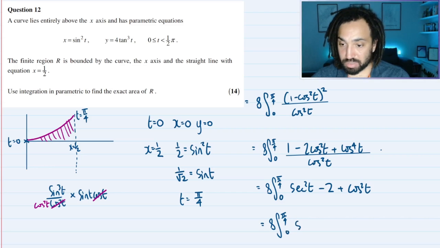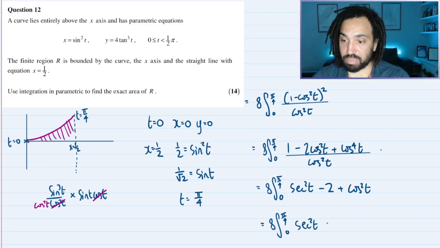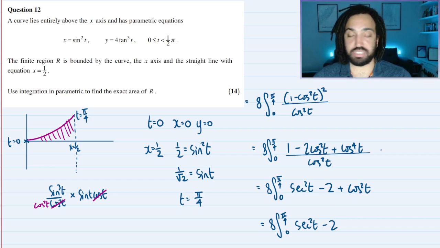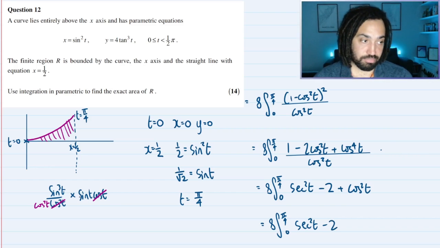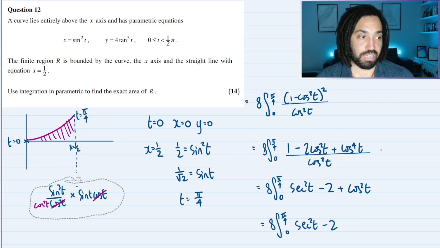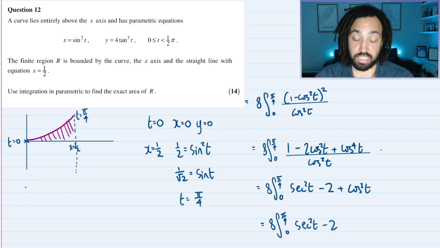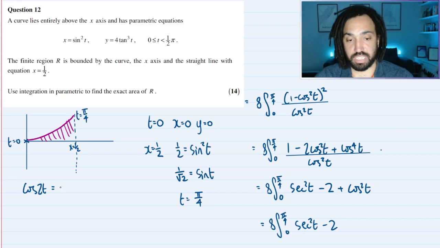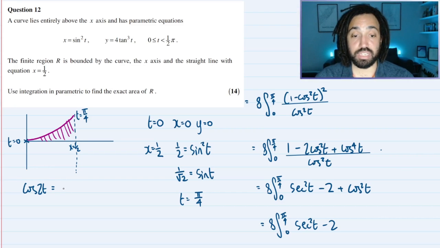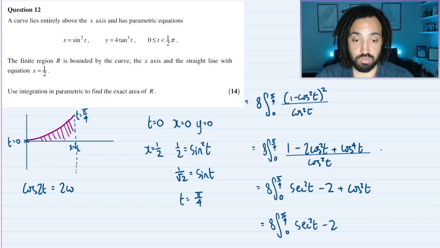This is one of those questions where you can just use up a whole pad of paper. Okay, so cos squared. We can't integrate cos squared directly. We need to use a trig identity. So back over to my drawing board over here. The trig identity that we use all the time for integration is cos 2t, because cos 2t, we know from our double angle, is equal to 2 cos squared t minus 1.